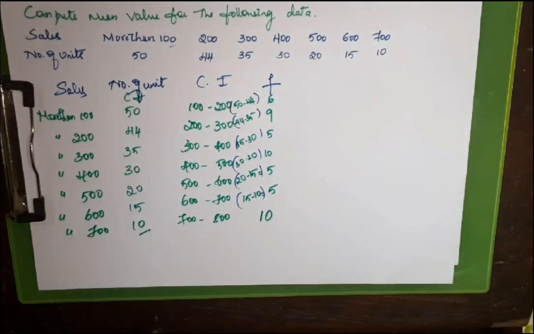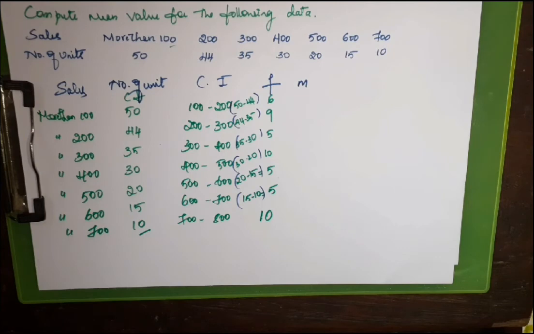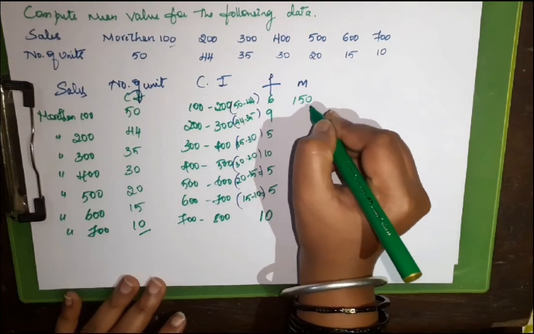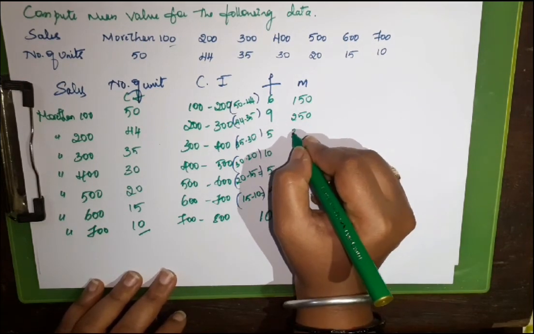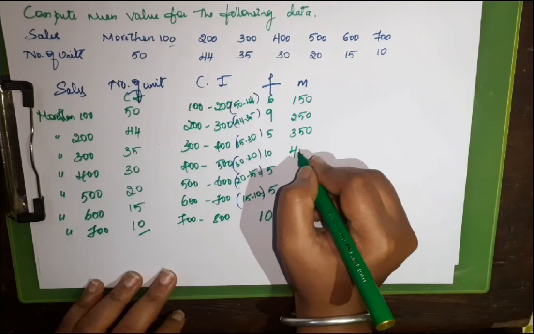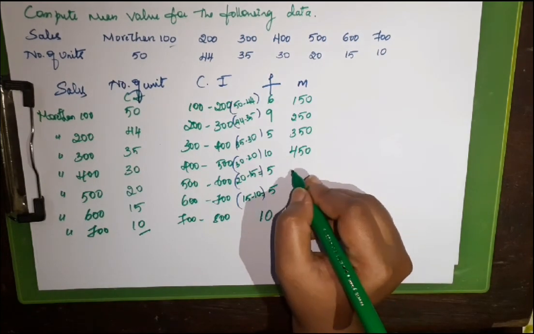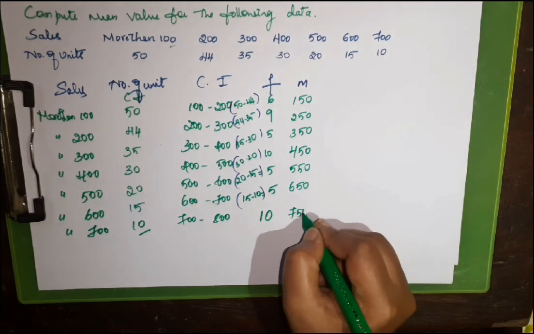Okay, then as usual we have to find the mid value. So 100 plus 200 divided by 2, you will get 150. Then 250, 350, 450, okay, 550, 650, 750.